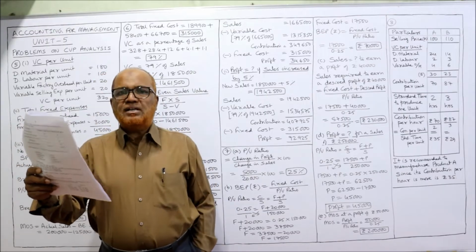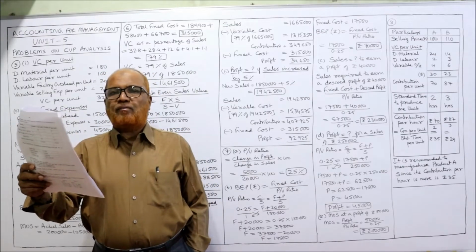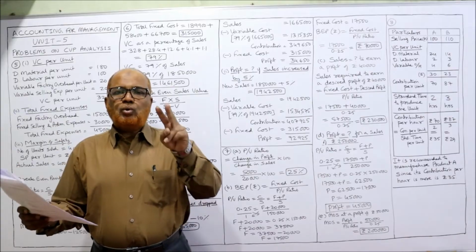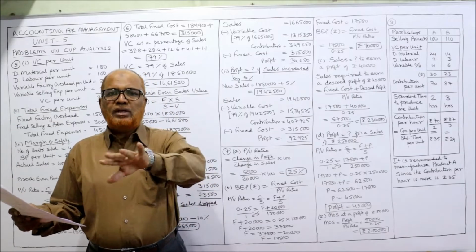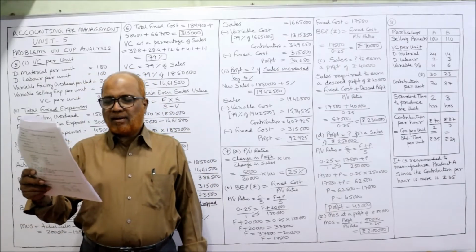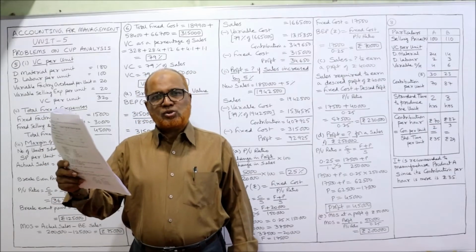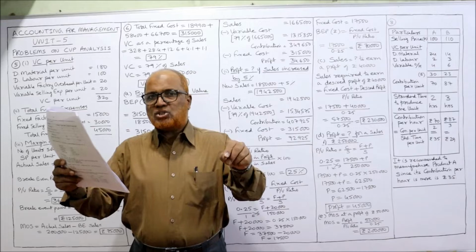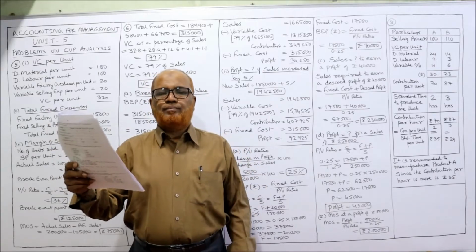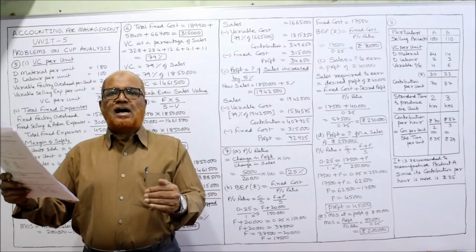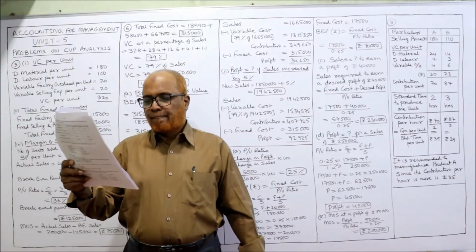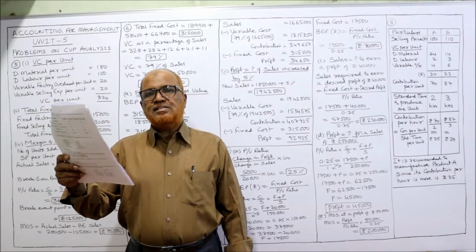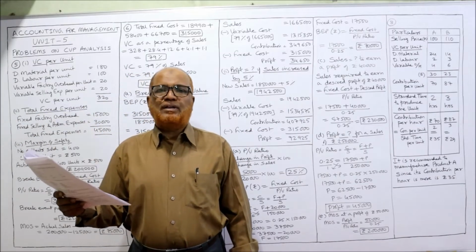In 2017, sales are 1,70,000, profit is 25,000. So 2 years' sales and 2 years' profits are given. Find out the PV ratio, first question. Second question, BEP. Third question, what would be the sales for a profit of 40,000? If you want 40,000 desired profit, how much would be the sales? Fourth question, what is the profit for sales of 2,50,000?